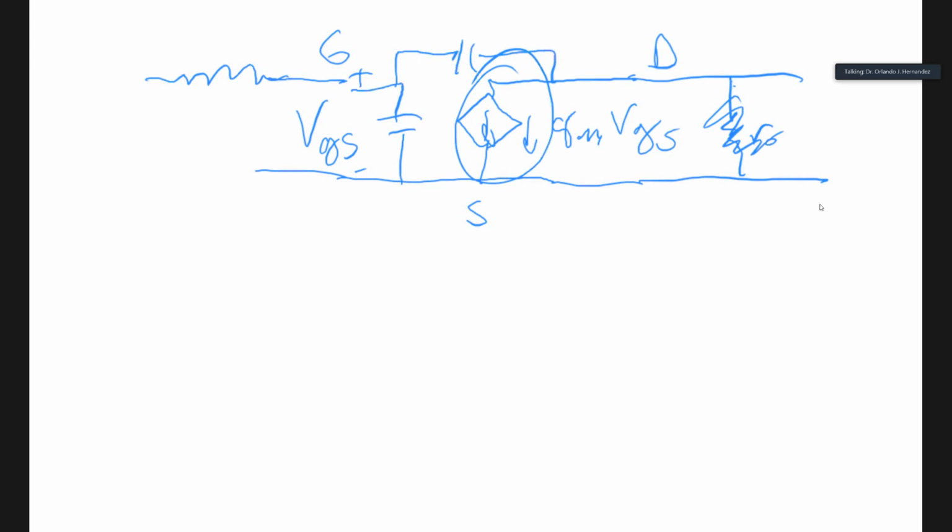And if we do that, we realize that the biasing as well as the power supply are signal grounds. This is the A circuit here as presented for a small signal.